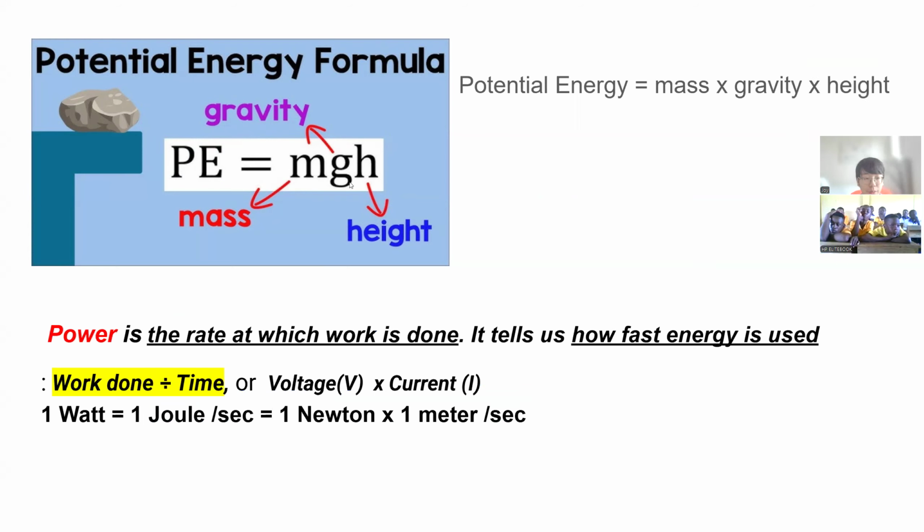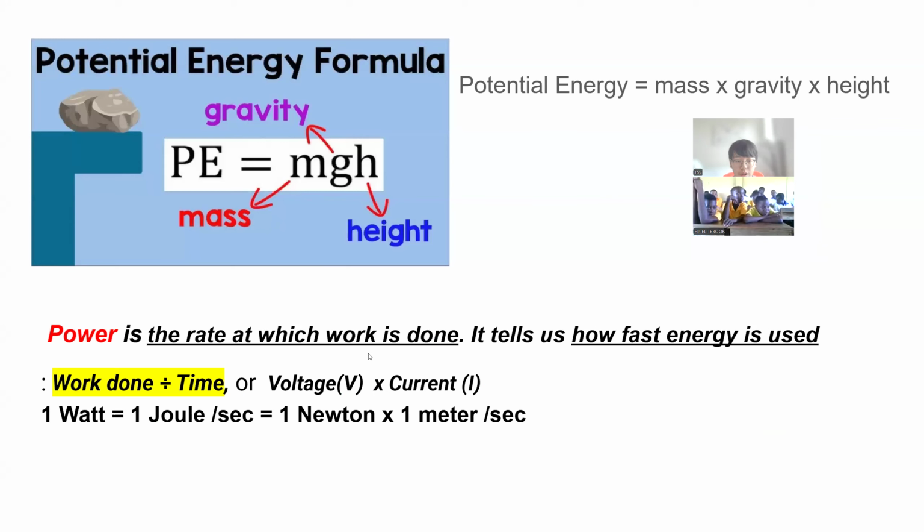If the question asks you what is the potential energy of a certain object, and the mass and the height are given, since the gravitational constant is always a constant depending on where you are, whether on Earth or on the Moon, you can plug in the gravitational constant, and then plug in the mass and the height. If you multiply all of them, you will get the potential energy.